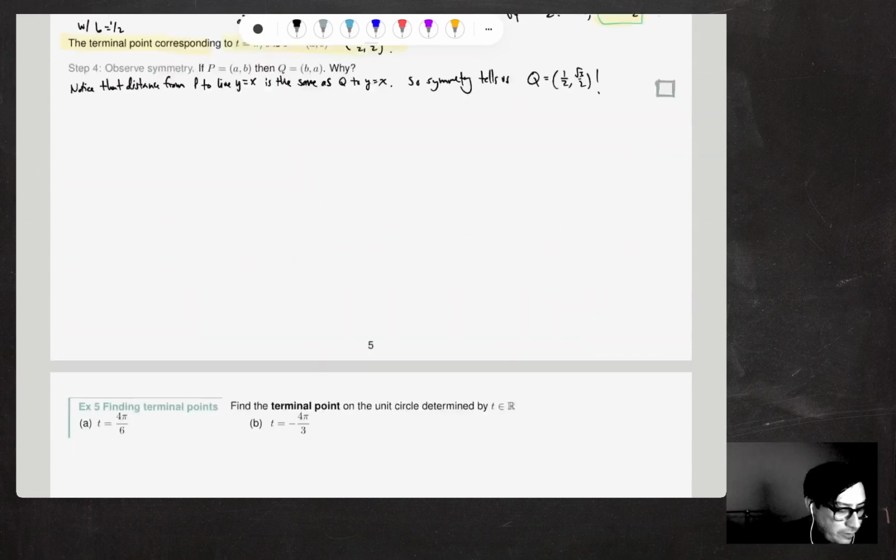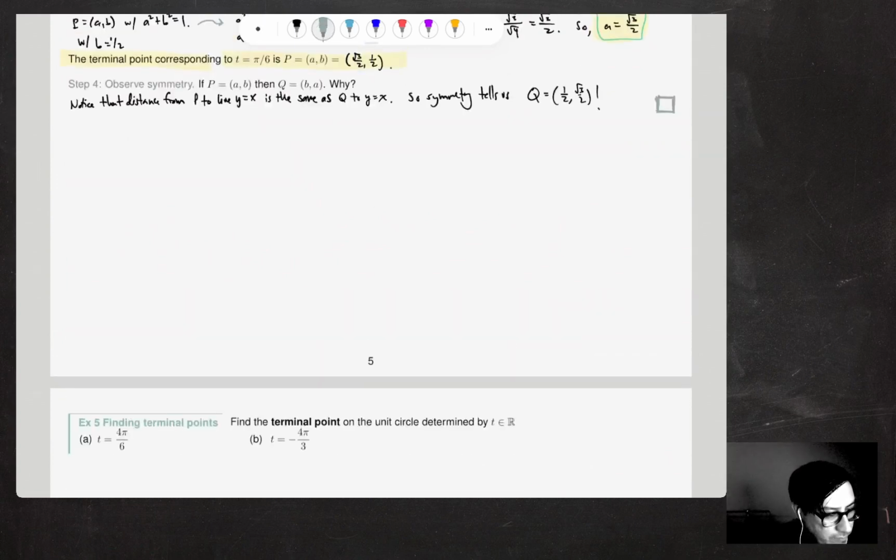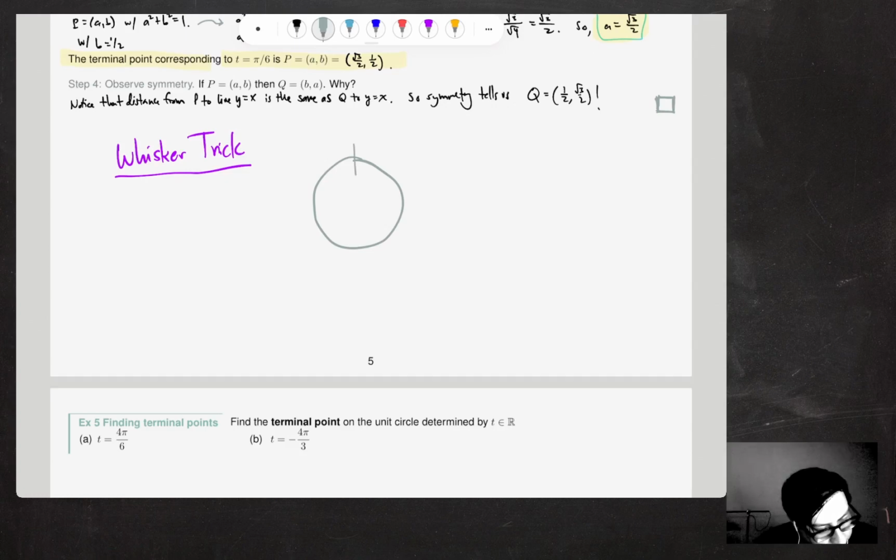So actually, before we do this next problem, I want to introduce what I call the whisker trick. This is something I invented when I was a student. Since I didn't get to use cheat sheets, I had to memorize everything. So I came up with something that really helped me. Basically, I start by just drawing the whiskers as best I can to the pi over 4s.